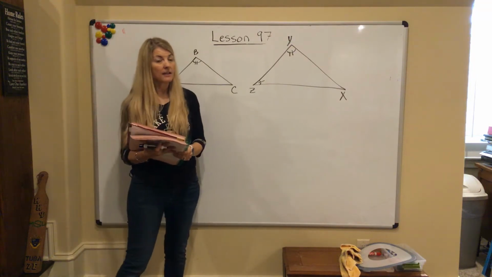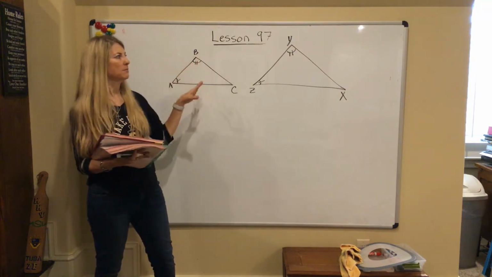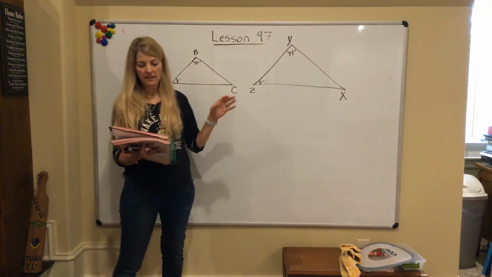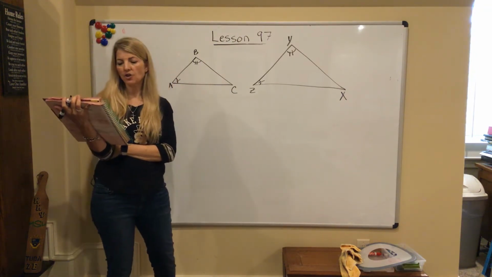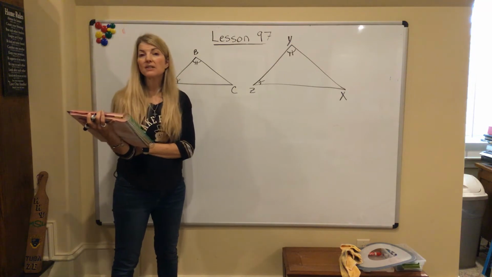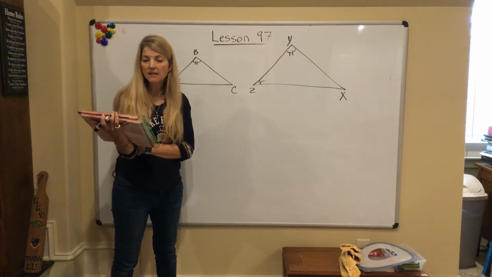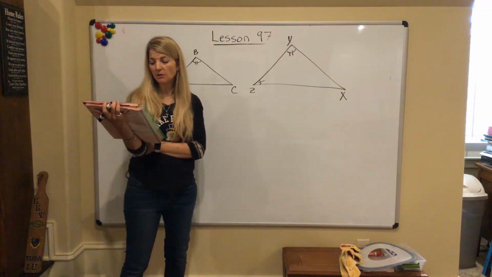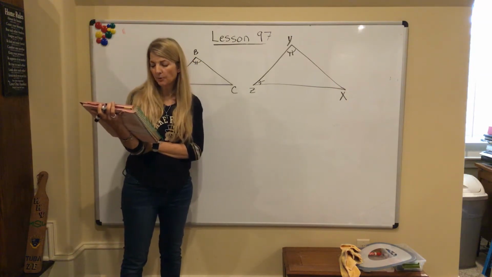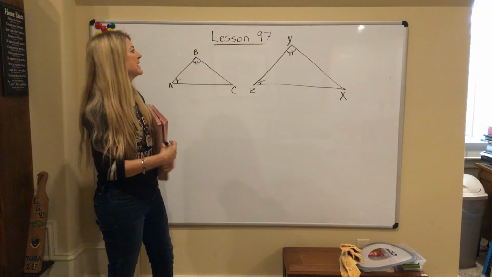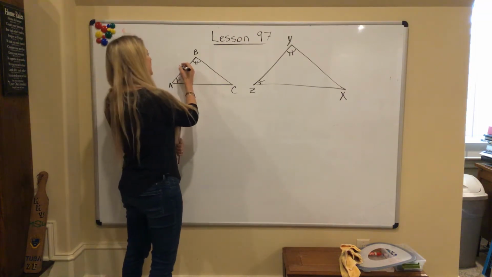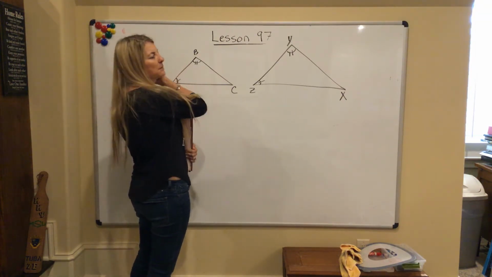The cool thing that we can do with triangles like this is use a really important math relationship. And it's in the box on page 665. It says the lengths of corresponding sides of similar triangles are proportional. So that means if I know the length, I'll just make up some numbers.